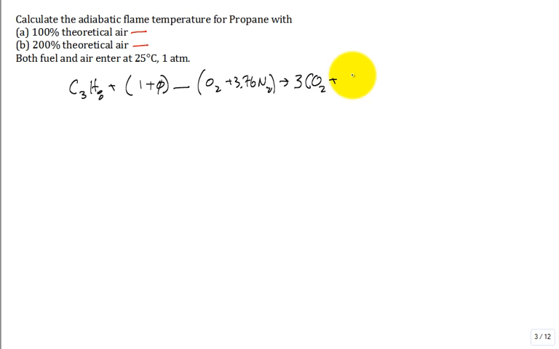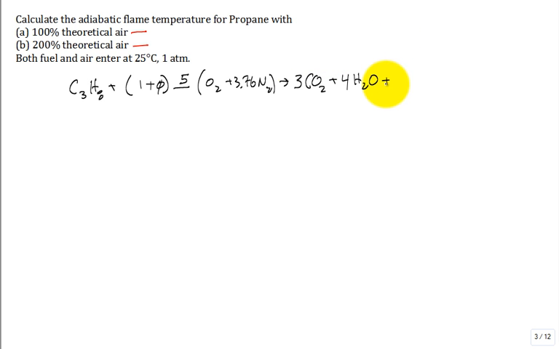And how many water vapors? 4. Now I have 6 and 4, which is 10, so I'll need 5 O2s. I make sure there's no O tucked in with the fuel.